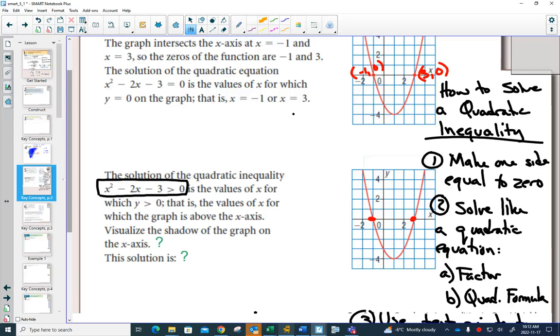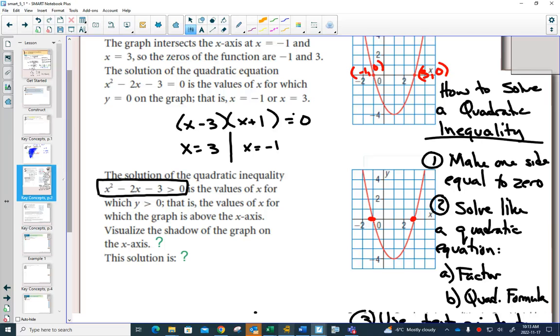I could factor this, make it equal to 0. If it was equal to 0, I would have x minus 3, x plus 1, so x equals +3, and x equals -1. But now, we're not solving for where it's equal to 0. We're trying to solve for where it's bigger than 0.